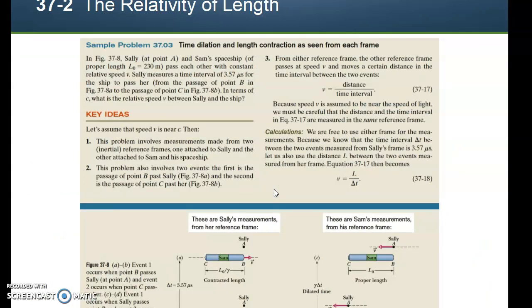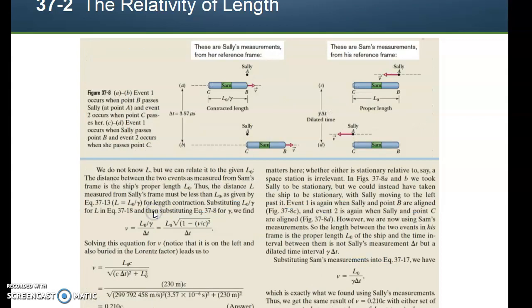So, time dilation and length contraction as seen from such a frame. This goes through the whole example in your book, and it's good for you to go through that and look at how exactly these things take place in terms of the length changes. And remember, as long as things are in motion, they're going to be shrinking in size.